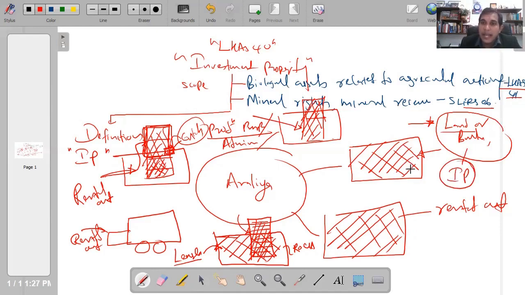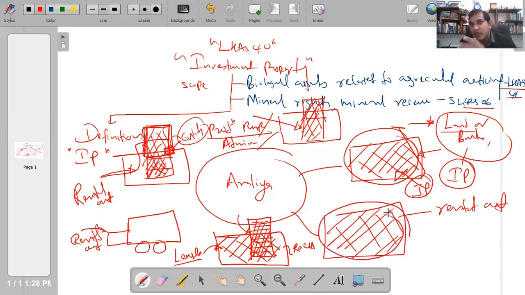Now this particular land, I already told you, is kept for capital appreciation. So based on the definition, this could be identified as IP, investment property. Then this one, no doubt, we rented out, we are earning rental income, so the second land is also investment property.